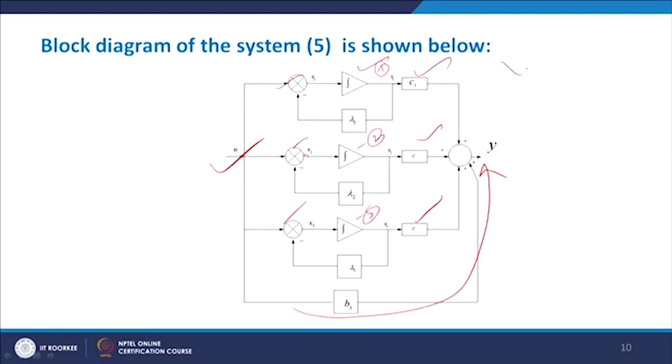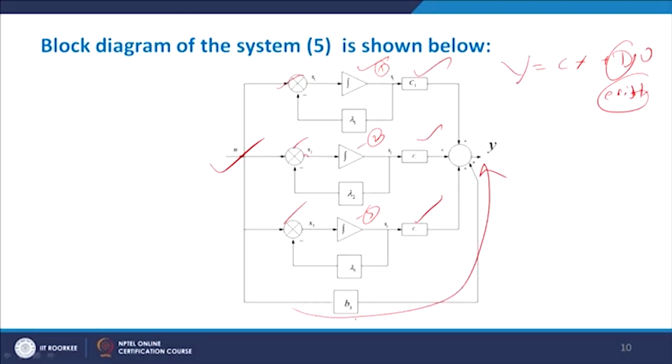So in this equation y equals Cx plus Du, D exists. In part 1 we found that D does not exist, but here D exists. D exists when the degree of the numerator is the same as the degree of the denominator. So we have shown B3 into u.